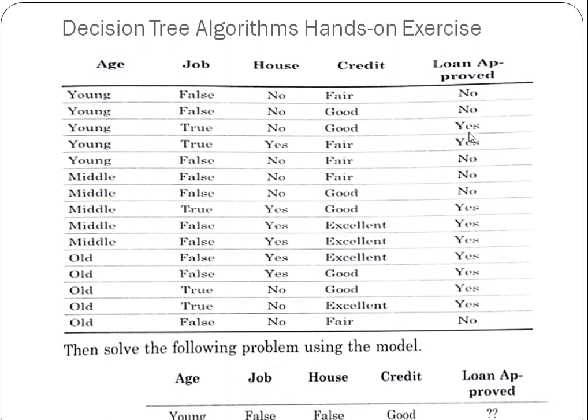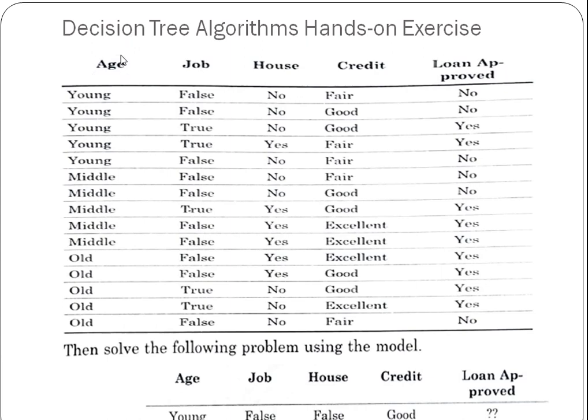So the error here is 2 out of 5. Similarly, you will choose middle, either no or yes, whichever gives the least error. Similarly, old, you can see old yes, because I see all the yes except one. So if I say old yes, 4 are correct and 1 is incorrect, so the error is 1 by 5. That way you can decide which question to be asked first.